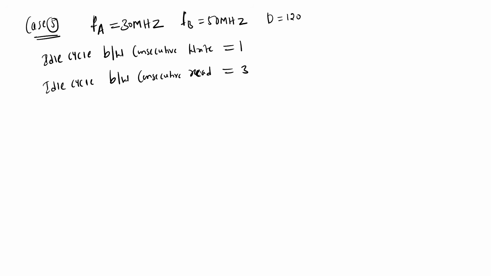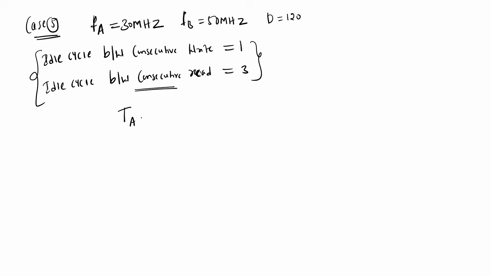Now you can find out, no? Yes, sir. But in this case, we don't require a FIFO, no, sir? Here we require a FIFO. Why? Because they given the idle cycles. So we require a FIFO.